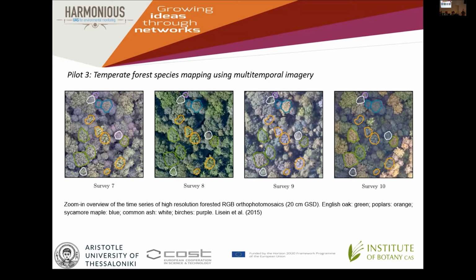This is an example of a few repeated surveys, like 4 time slots during the year, where the individual species behave differently, and using machine learning algorithms, this multi-temporal imagery helps to recognize the species composition.